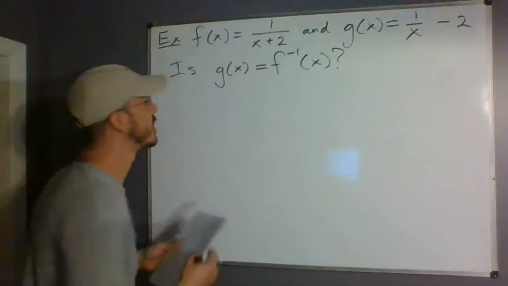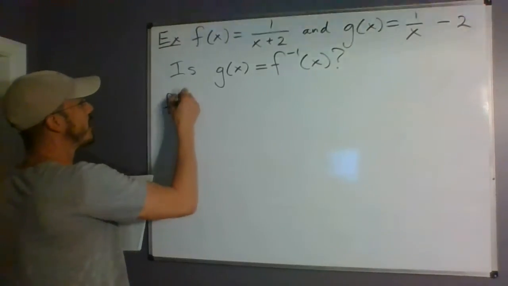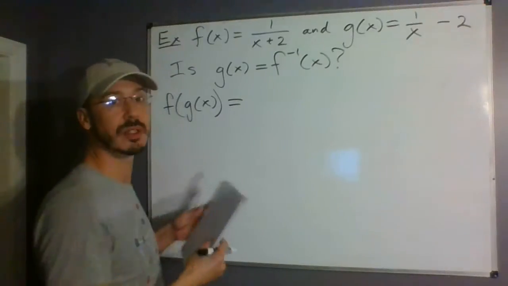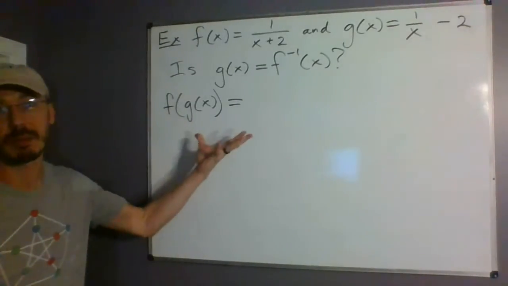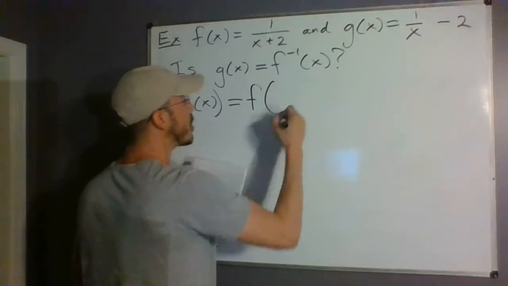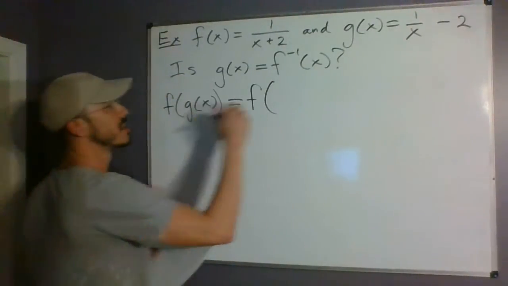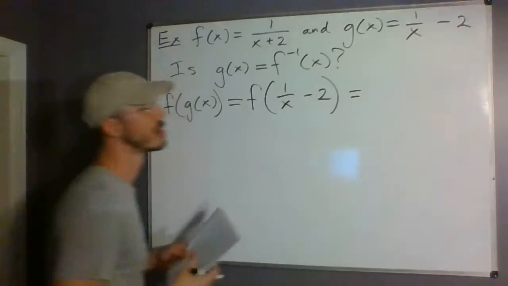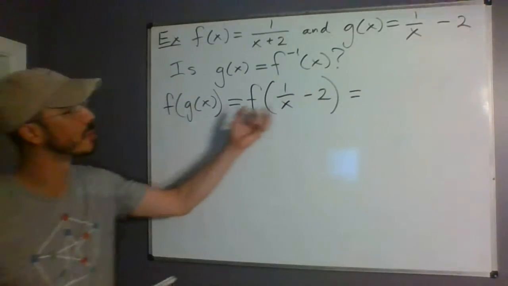And I'm going to check that by looking at f of g of x, plugging one function into the other, and we'll see what that means for them to cancel each other. I like to do it one at a time. g of x is 1 over x minus 2. So I'm plugging in the formula for g of x.